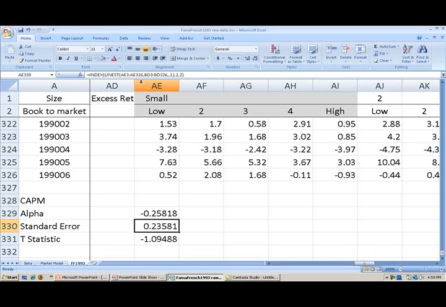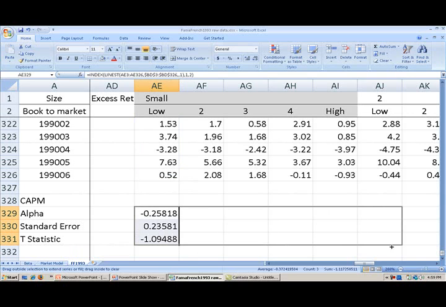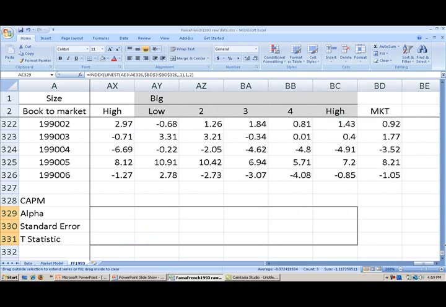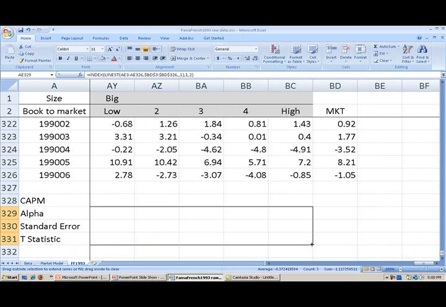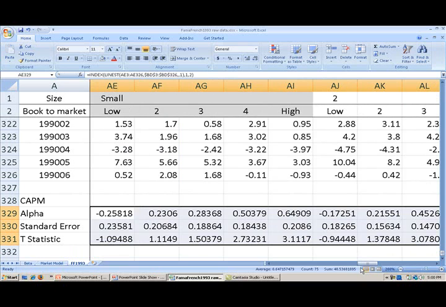And we need to do that for both equations, both the alpha and the standard error calculation. Now we can select these 3 cells and copy them across. We've now conducted the same test that Fama and French conducted in 1993.